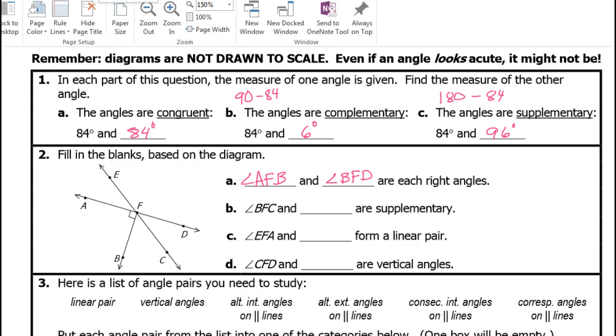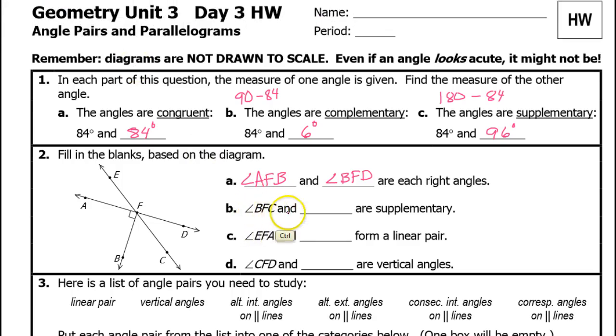Okay, now, angle BFC and what are supplementary? So angle BFC, I'm going to trace from B to F to C. So that's angle BFC. Now, supplementary means they have to add up to 180.